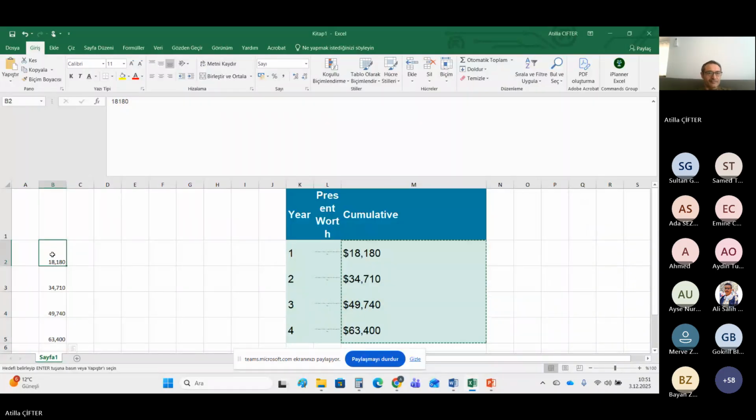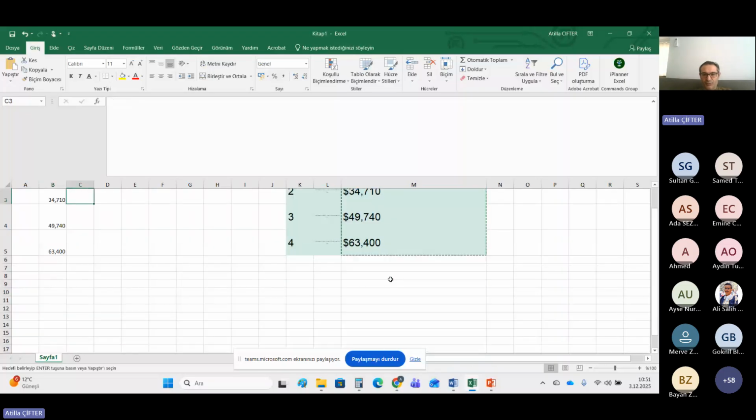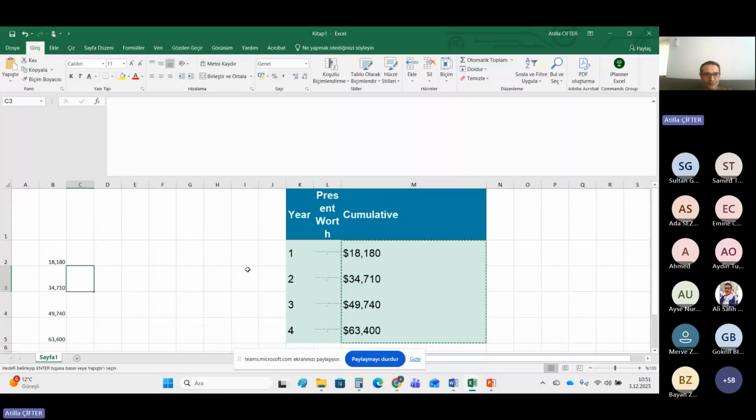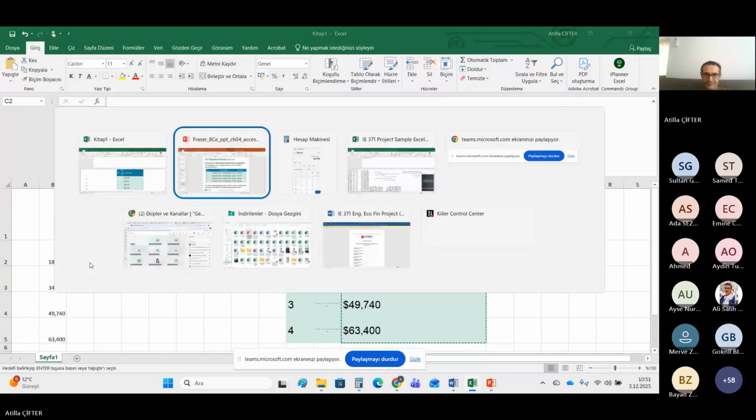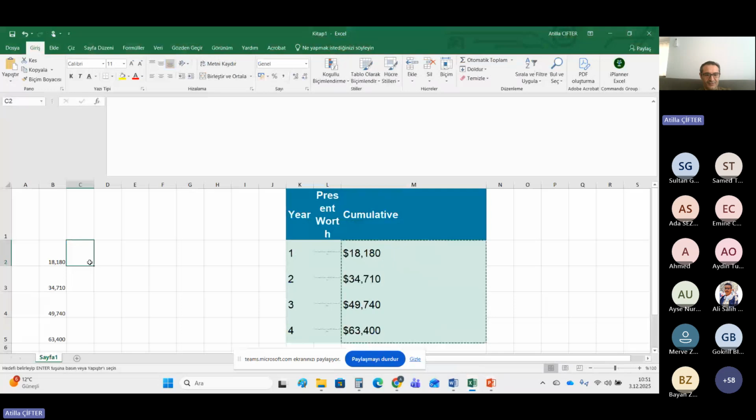Okay, these are cash inflows. And then this is cumulative cash inflows. So this is first year, second year, third year, and fourth year.